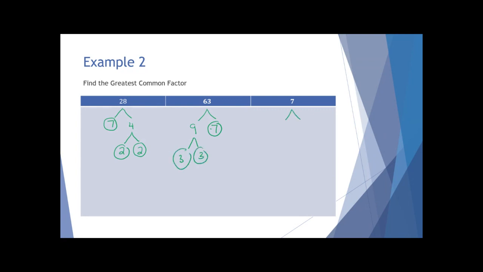And then 7 is just 7 times 1, if you really want to make that a factor tree. So the only thing they have in common is 7. That's the only factor in common, so that means the greatest common factor is 7.